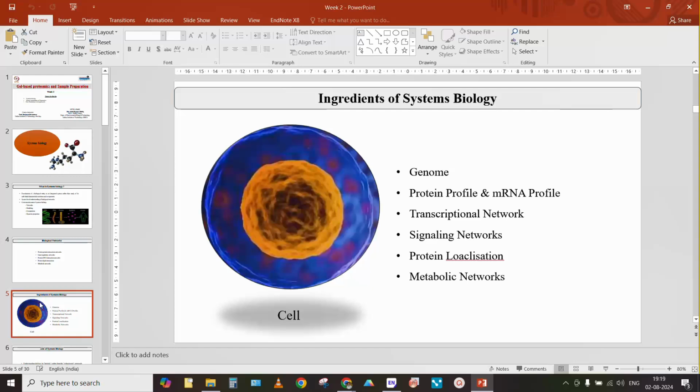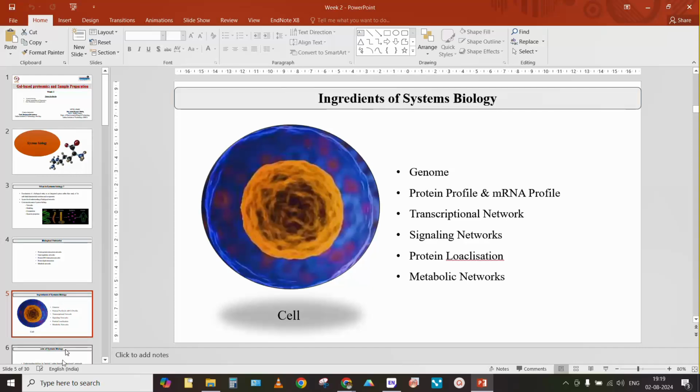Now, systems biology study can be done at different levels. For example, to study the complex physiology of humans, one can look at the individual systems such as the respiratory system, nervous system, or other physiological systems. So the studies can be done at the intercellular or intracellular level, and finally at the molecular level involving genomics, transcriptomics, and proteomics.